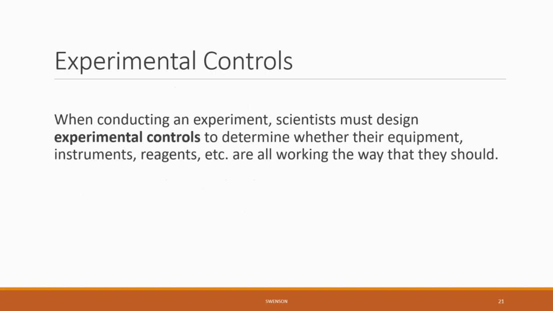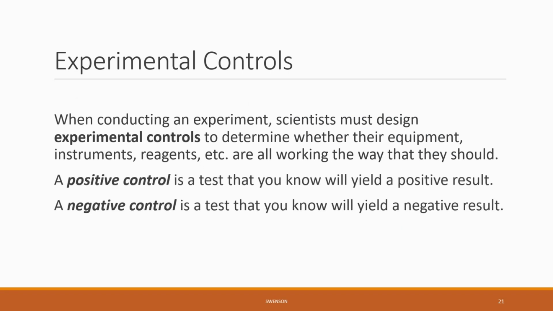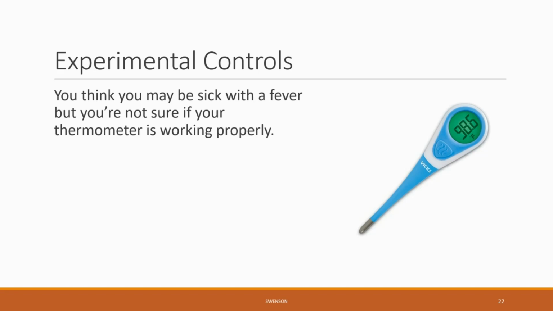Scientists need ways of ensuring the design of the experiment is sound. To do this, they will purposely set up parameters to yield a positive result and another experiment to yield a negative result. These are called the positive control and the negative control. For example, you might feel like you are sick with a fever, but you're not sure if your thermometer is working properly.